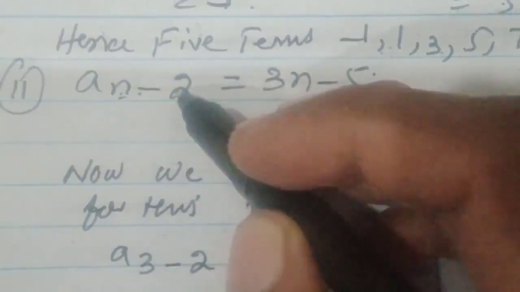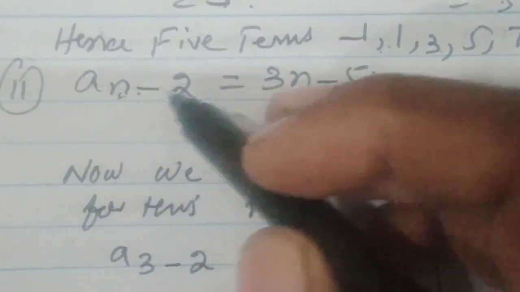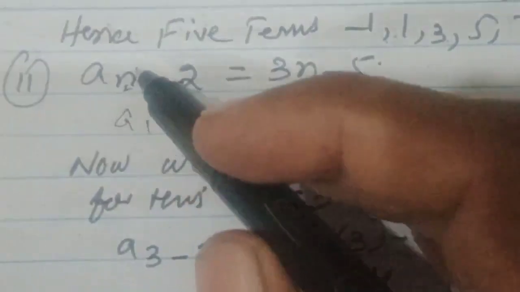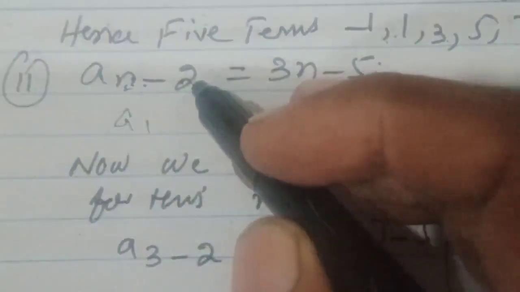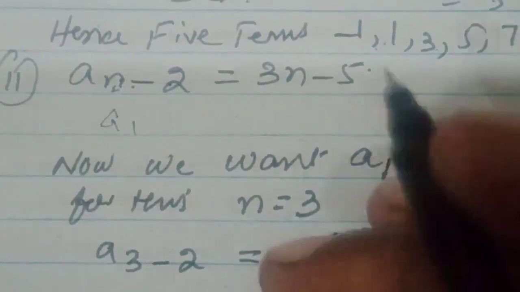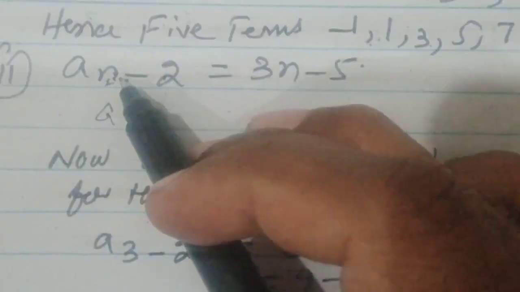It is n minus 2, it means you have to subtract 2 from n. Now you want a1. If you put 1, then you will get a(minus 1). You don't want that, because a(minus 1) is not in the sequence. Now if you put 2, 2 minus 2 is 0, that is a0, and a0 is nothing in the sequence. Then what will we put?